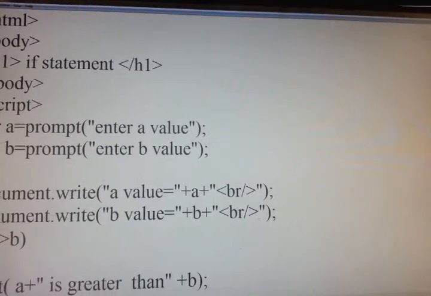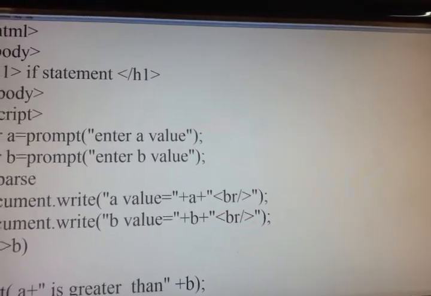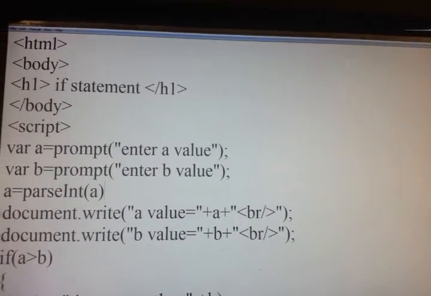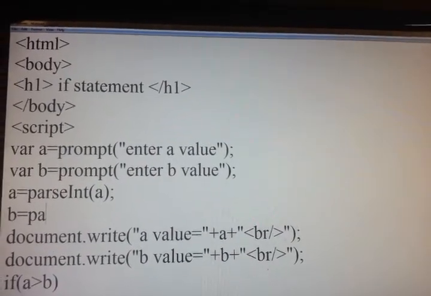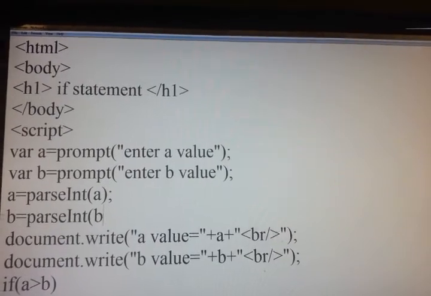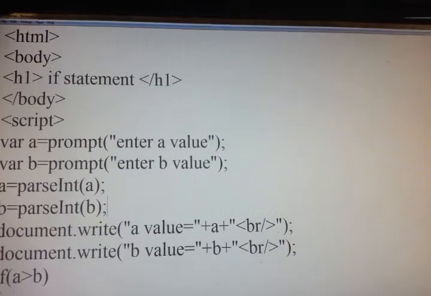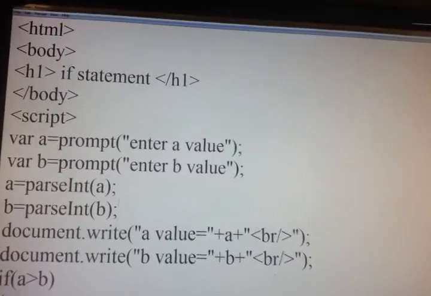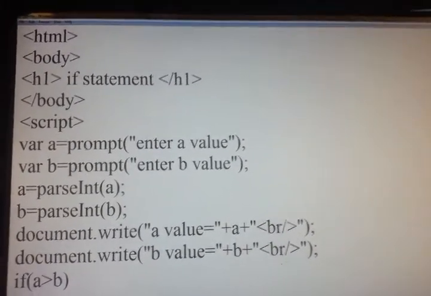Then we have to parse this. I have to tell the compiler that they are integer values. B is equal to constant B. Save.